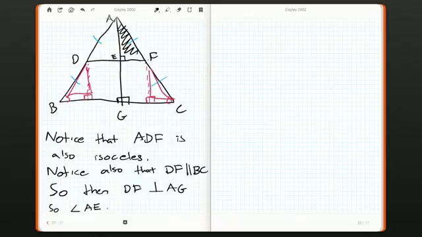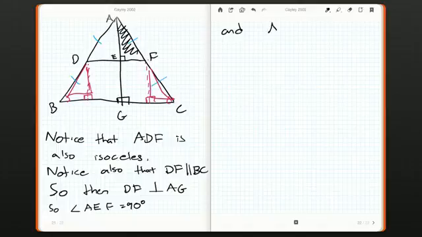And now I can conclude that AEF is 90 degrees, and that AE splits ADF in half.